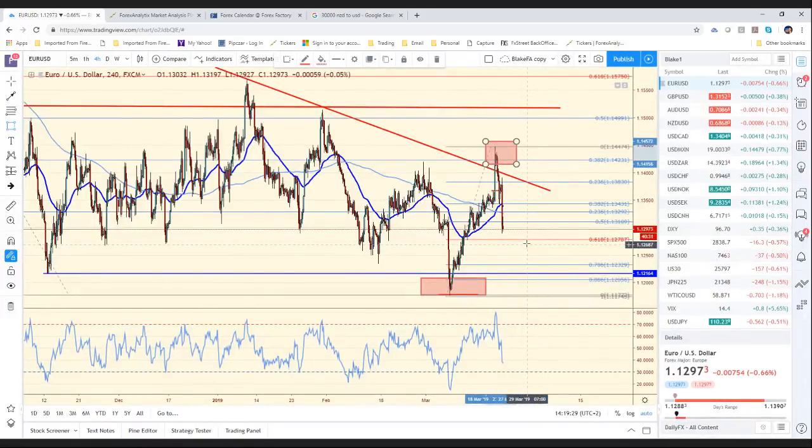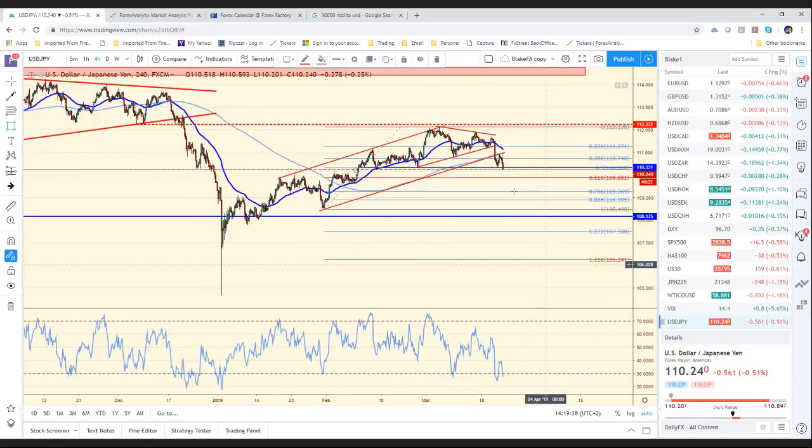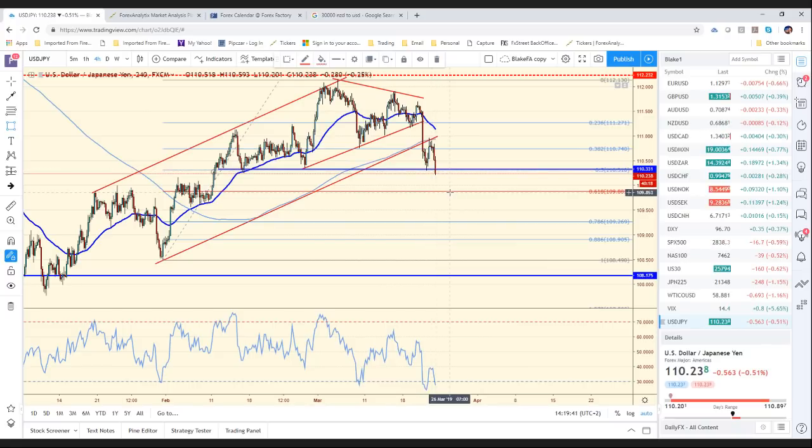Now, it's not one shoe fits all as far as dollar strength goes. You look at the dollar yen, it's actually breaking through the support here. Looks like we're going to test the 618, which is at 109.88. These are important dynamics to understand. If you were listening to the week ahead video this last week, I said when you're trading the dollar, you have to be more specific about what currency you're trading it against.